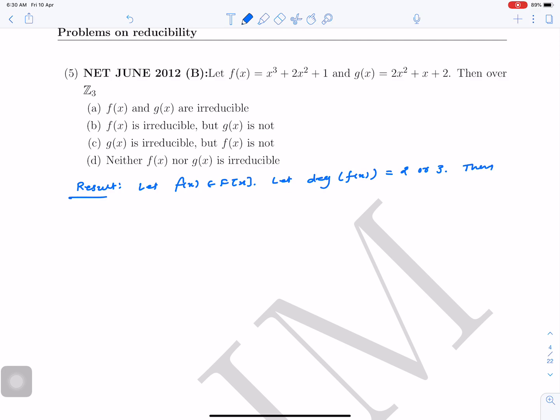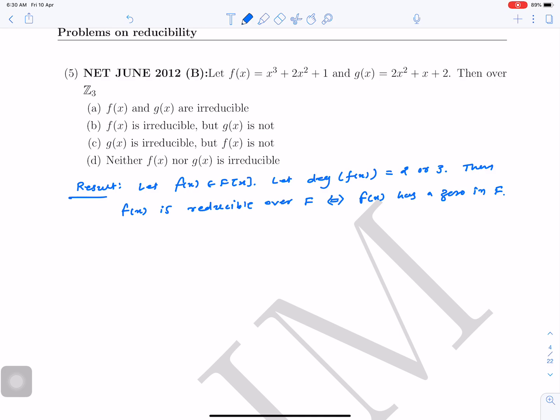Then f(x) is reducible over F if and only if f(x) has a 0 in F. So the problem of reducibility is equivalent to whether it has a 0 in F or not.